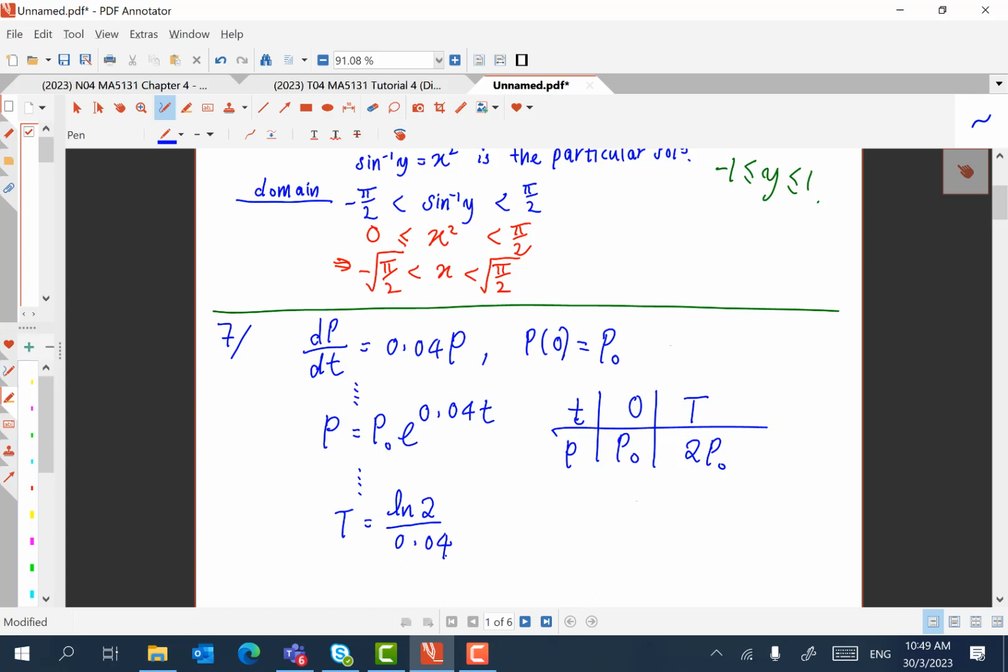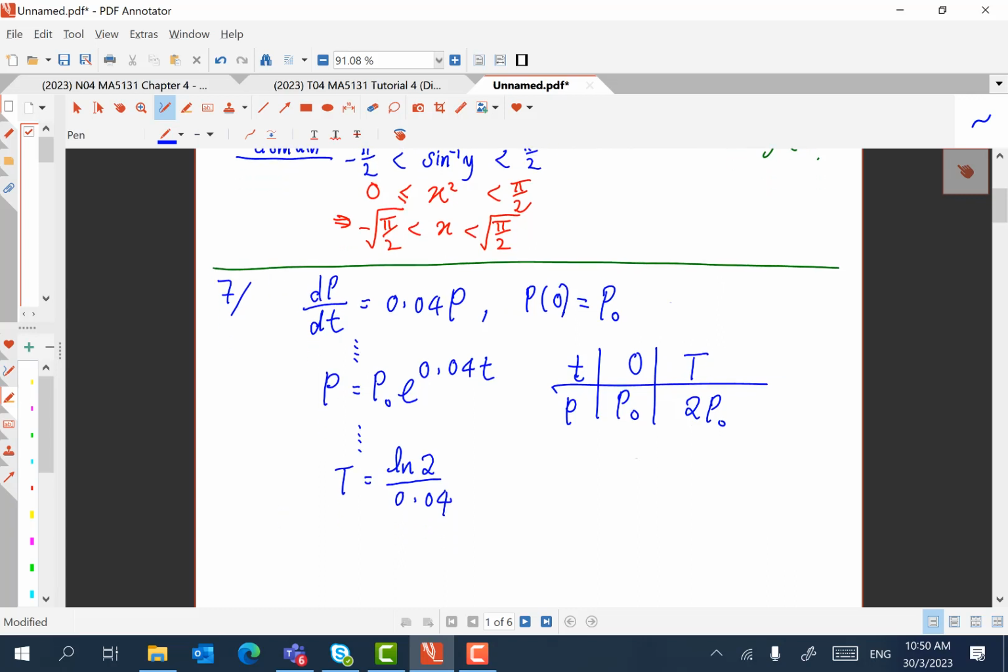The solution, let me do it for you. The first part, the dP dt. To do the dP dt, you will do it by the variable separable method.